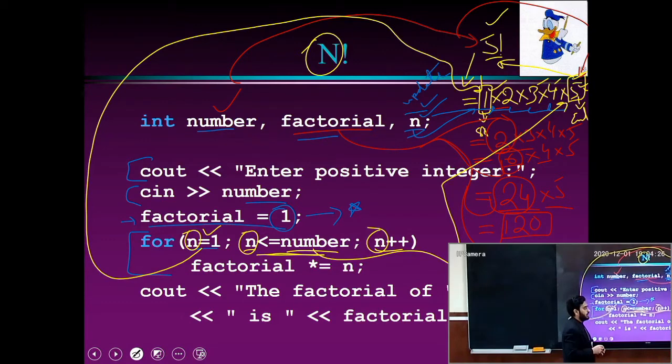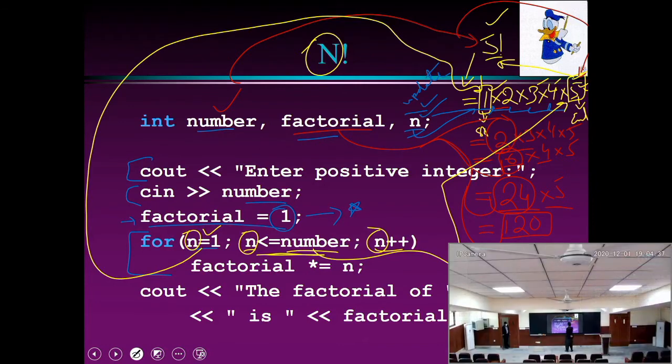It means that even when the condition becomes false, even in that circumstance, the condition is at least being executed. Now the post increment will occur to increment the value of n.